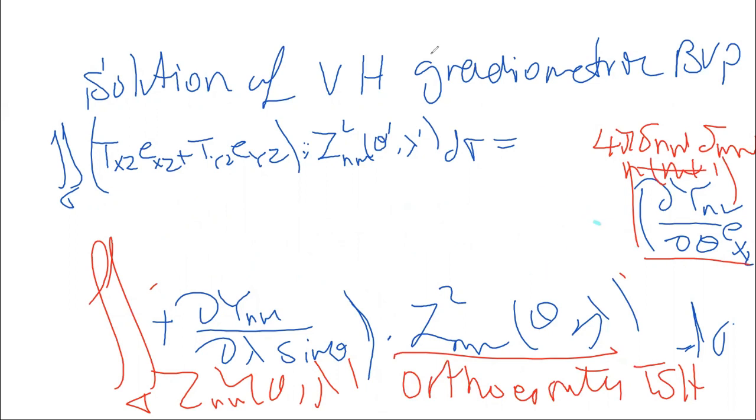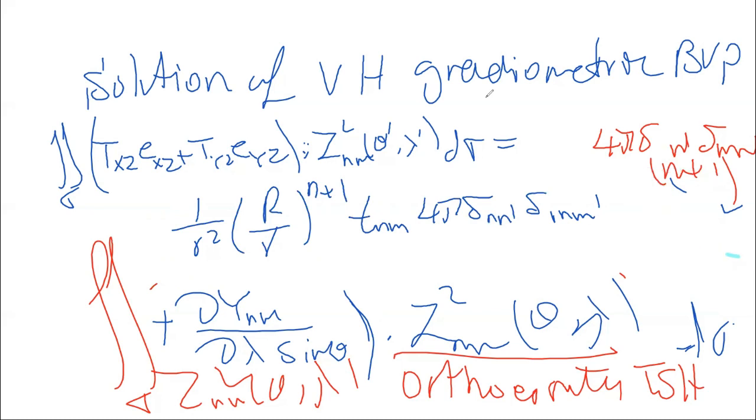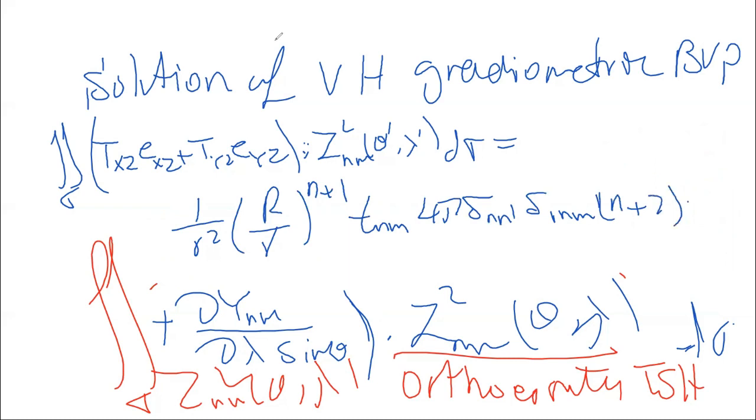Sorry, the right hand side will be simplified to 1 over r², r to the n plus 1 multiplied by T_nm 4π δ_nn′ δ_mm′, and we already have n plus 2, and now we get n plus 1 and n plus 2 based on the orthogonality. So that's all.